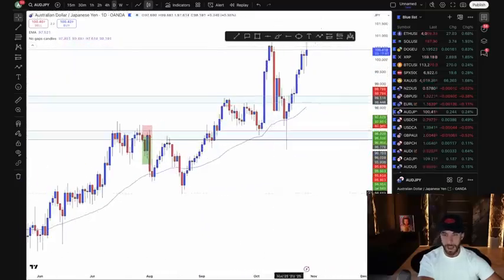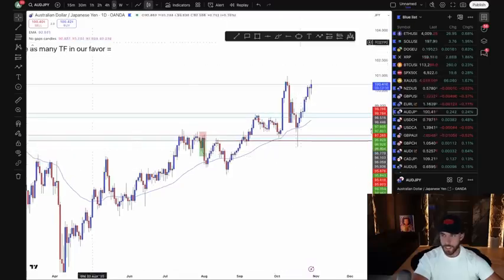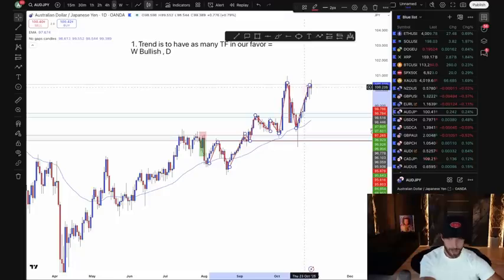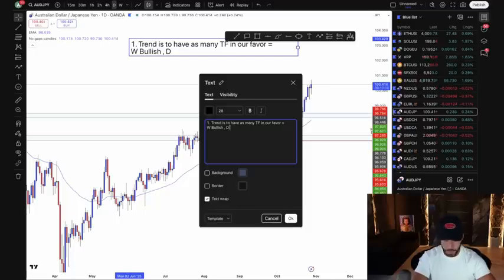So focusing on what matters, which is this area right here, you can tell that this market was indeed creating higher highs and higher lows. We have a higher high, higher low, higher high, higher low, higher high, and a higher low, and now potentially creating a higher high. So this market on the daily time frame is also bullish.